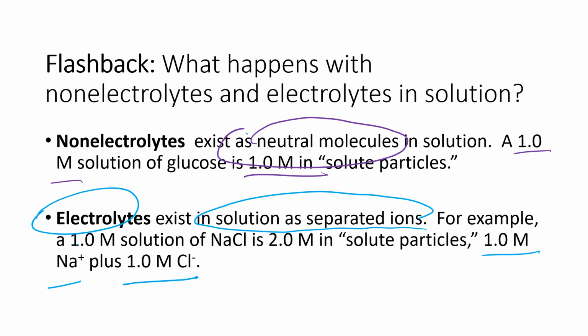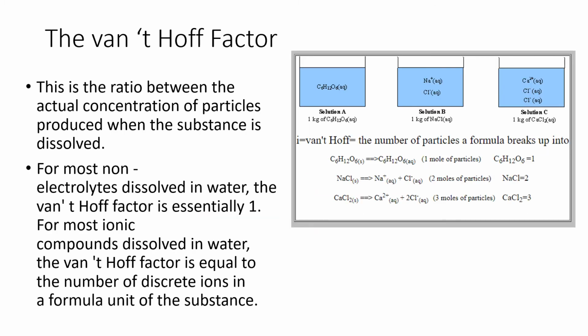So this relates to something we're going to talk about in a few seconds, and this is the van 't Hoff factor. The van 't Hoff factor is the ratio between the concentration of particles produced when a substance is dissolved. So that's a lot of words. Here's the best way to think about it.